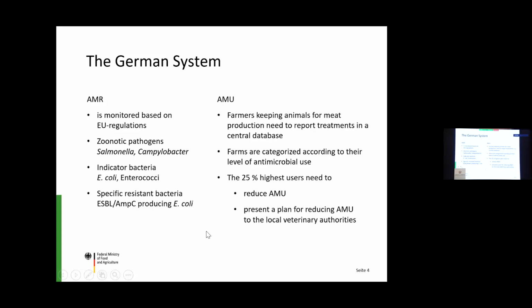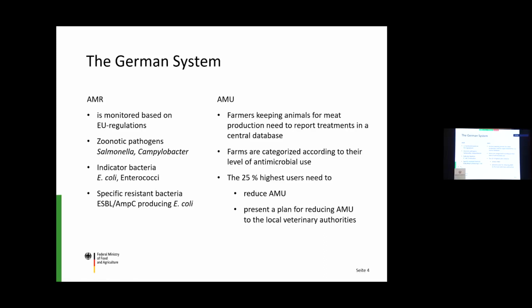In Germany, we have been setting up an antimicrobial minimization strategy for considerable time, since 2014. This program requires meat-producing farmers to record all their treatments in a central database.